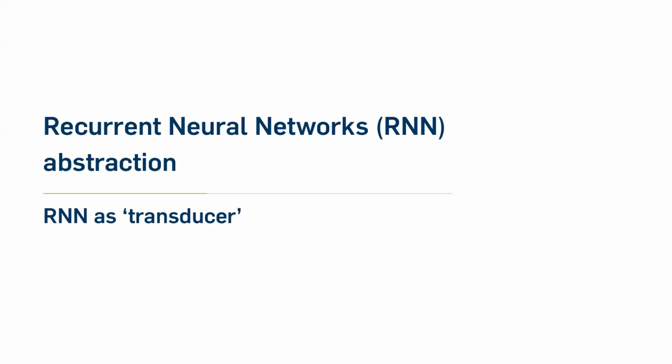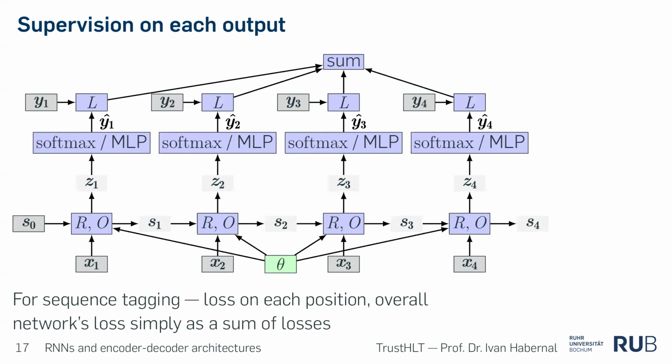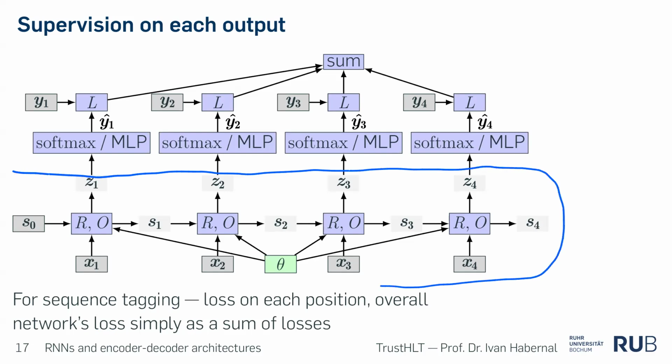Good. So then we also have the network as a so-called transducer. And we had this example already. So don't be scared of this, it looks crazy maybe at first sight, but this is again what we had before. We have this architecture again, this RNN. These are input words, and we are producing output at each position.